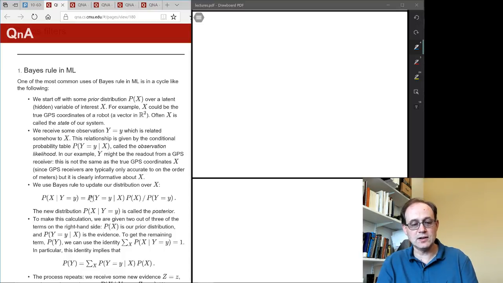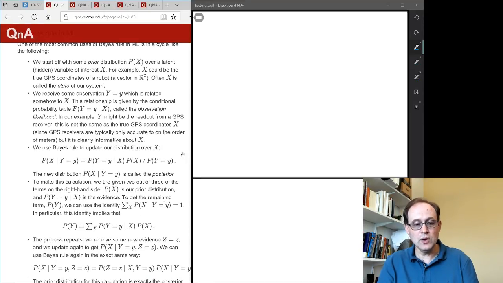This is just the standard form of Bayes' rule. I want to point out, we know 2 out of these 3 terms on the right-hand side. We know the observation likelihood, and we know the prior. And so the only thing we don't know is this term here. If we can figure that out, we can calculate the posterior, and we'll be done incorporating the observation.